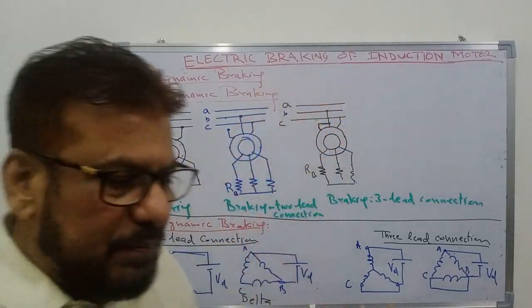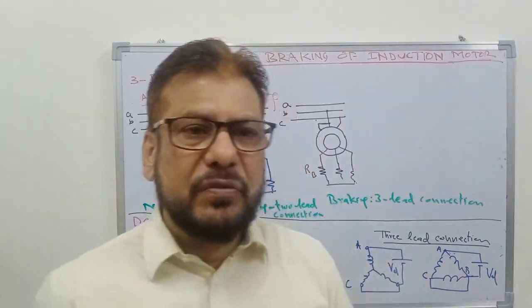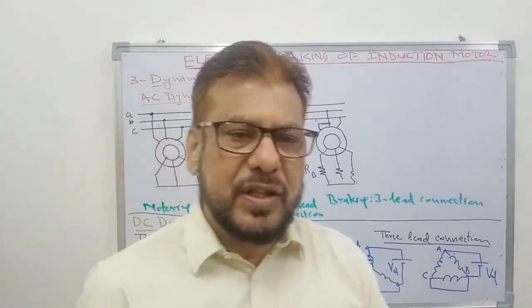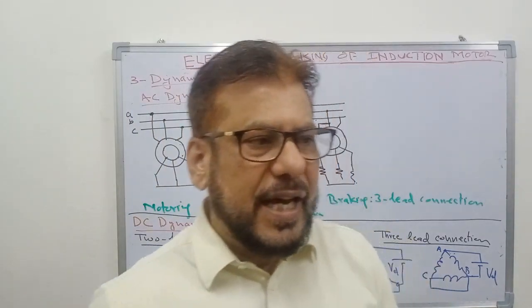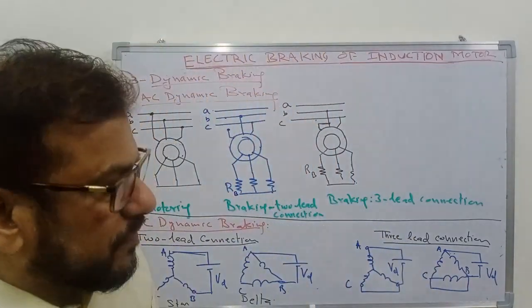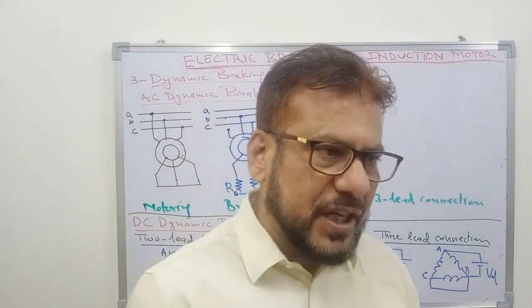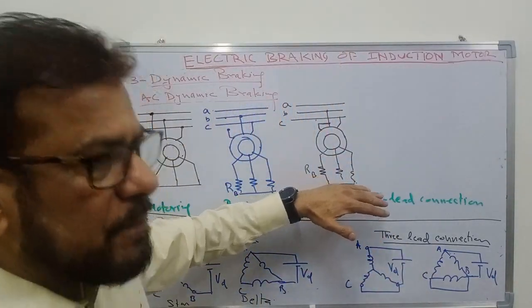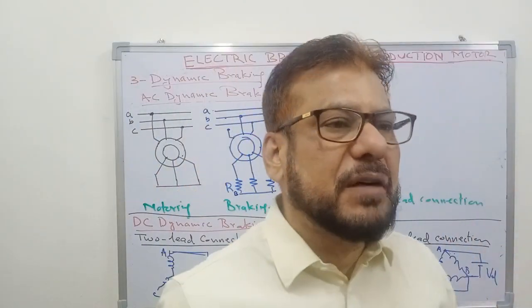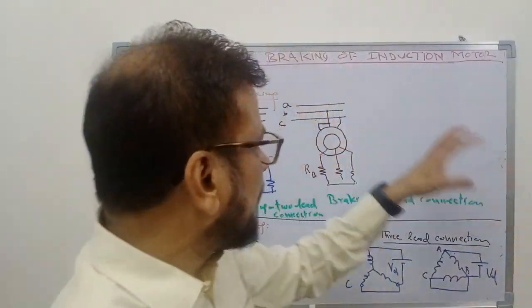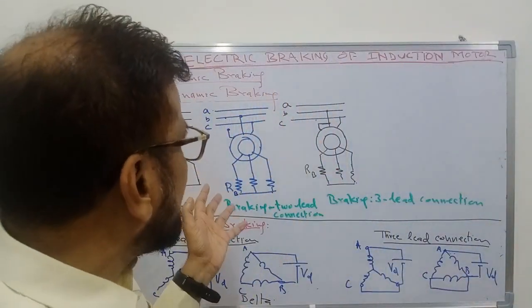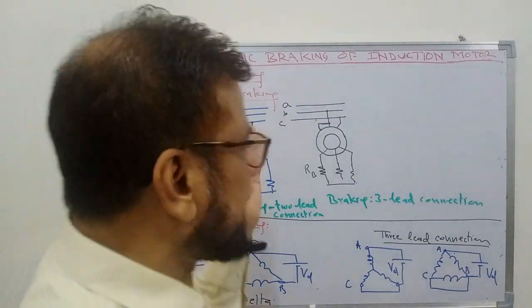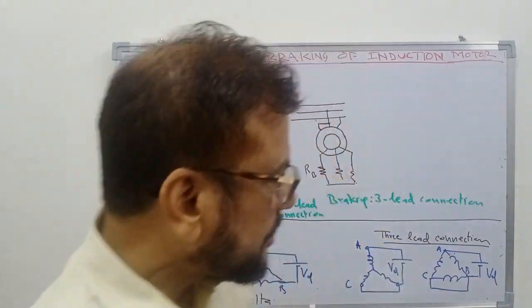Again it is an unbalanced supply and can be resolved into positive and negative sequence supplies, and that will produce two rotating fields in opposite directions. If the braking resistance is high, then the net torque will be in the opposite direction. So this is the gist of the AC dynamic braking.